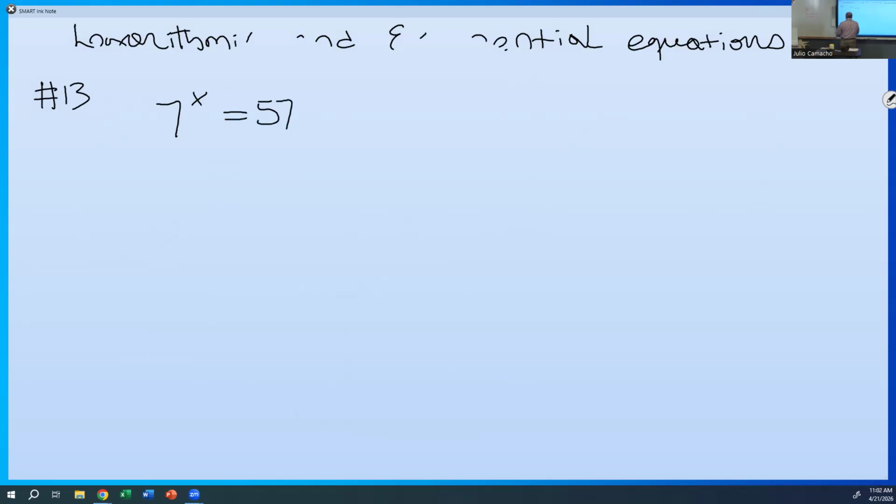The way I solve that, I will go the same steps I went before. I can apply the log or the natural log. Let's do the natural log this time. The ln of 7^x is equal to the ln of 57.